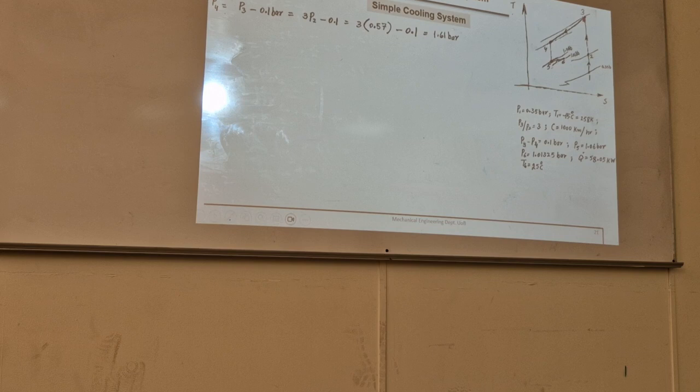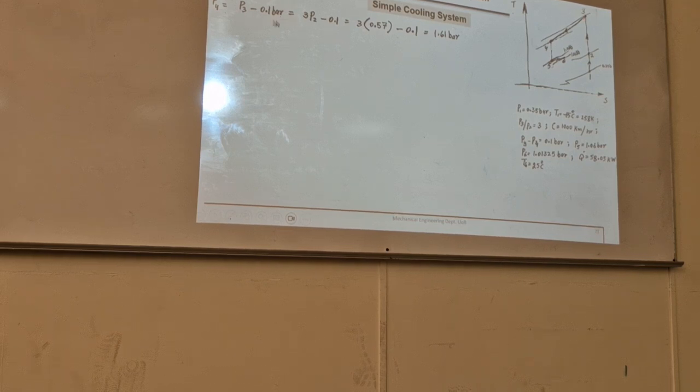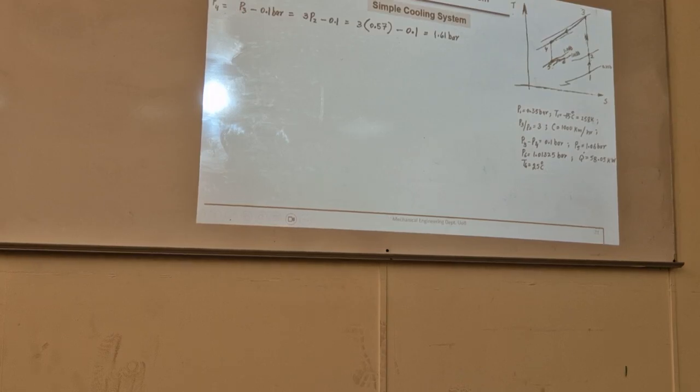How much less? That is given: P3 minus 0.1 bar. And what is P3? This pressure ratio is given, P3 by P2. So it means P3 is equal to 3 into P2, because this is given.